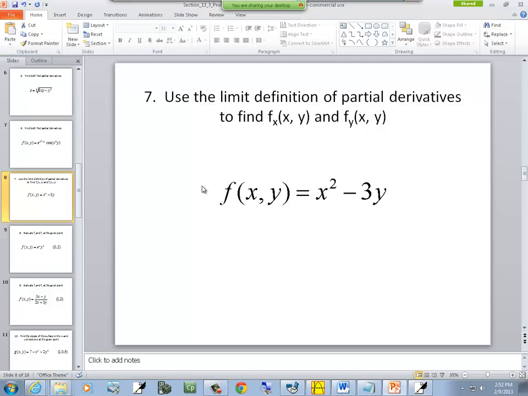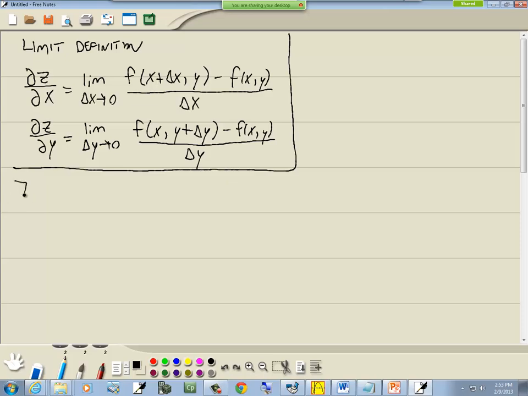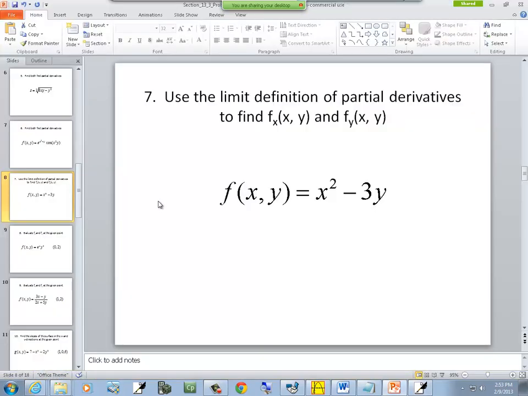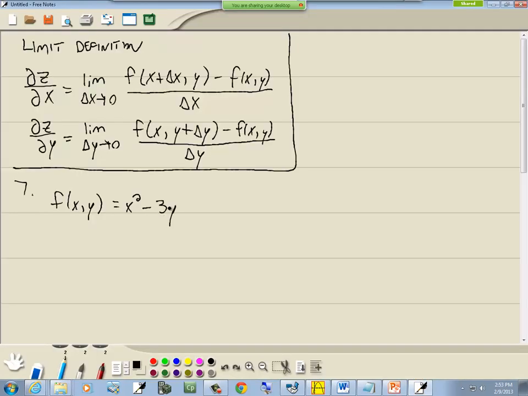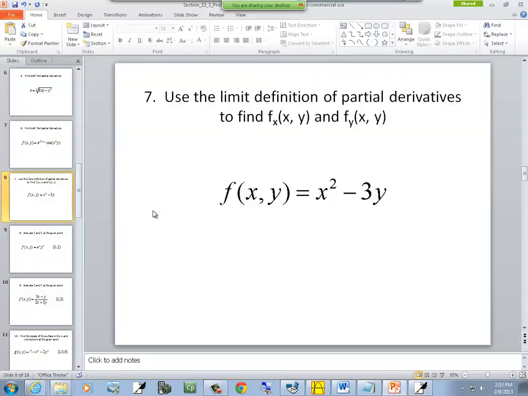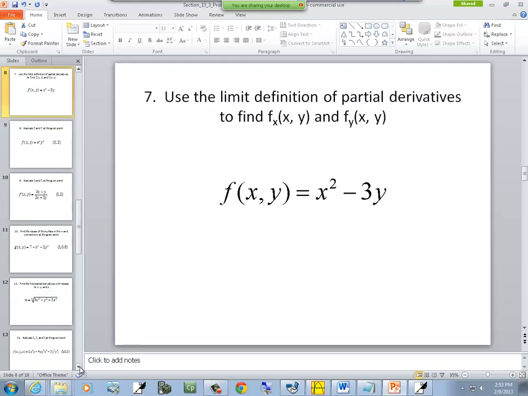Let's see, where's it at? So let's take a look at this one. We've got f of x y equals x squared minus 3y. And it says to use the limit definition of partial derivatives to find the partial with respect to x and the partial with respect to y. So let's do that.